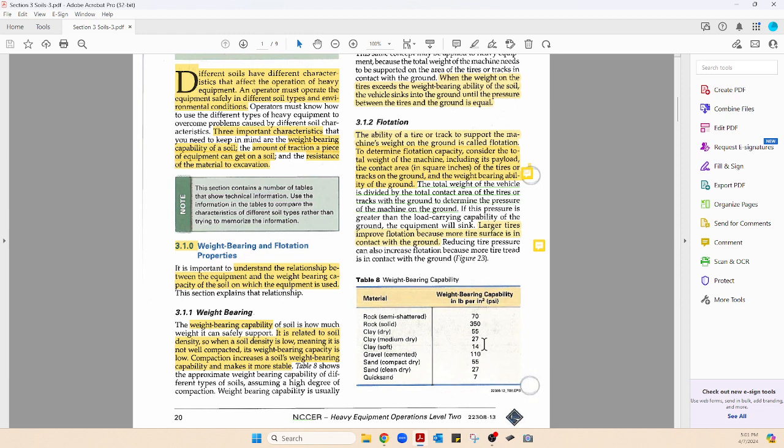When you go down here, what kind of material could I work in? None but solid rock with that load. I couldn't work in this because I'm putting out 176.2 psi, which is greater than anything else on here other than solid rock.